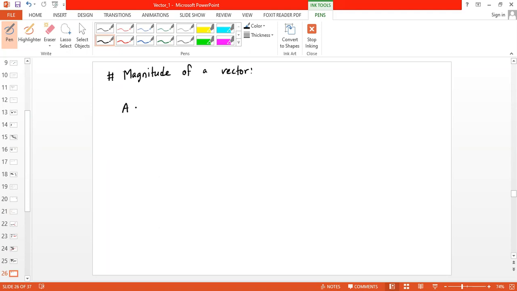A vector A is given as axi plus ayj plus azk.